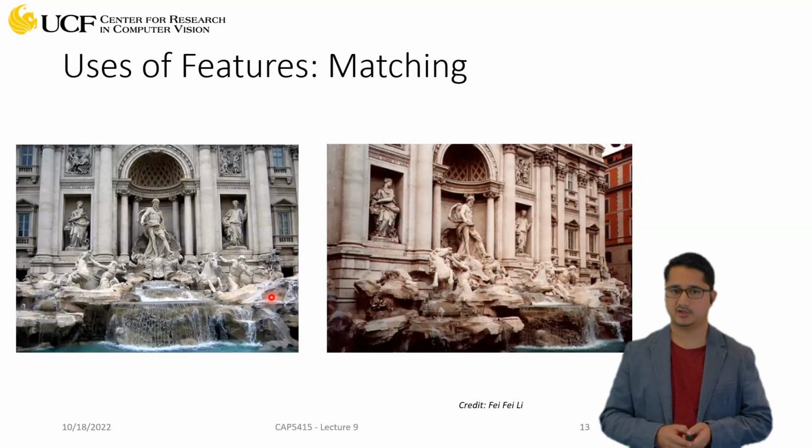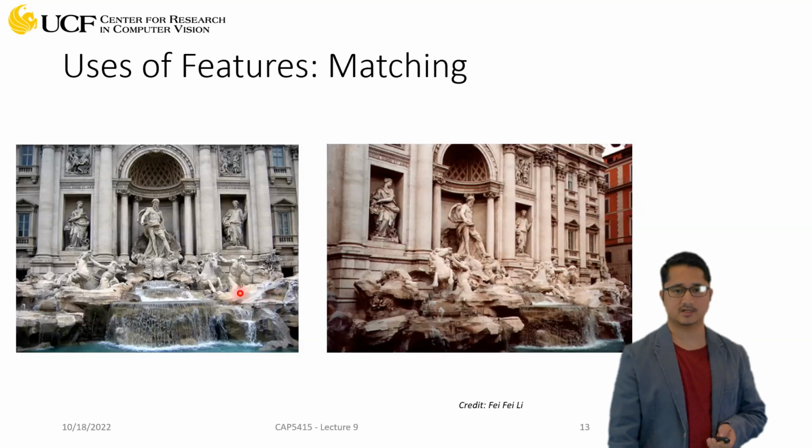Another interesting application of matching: even in this case, you can see there is a lot of difference in the coloring. Of course, these are the same objects, the same location, but the viewpoint is different. As a human, you can easily match each statue and locate it.